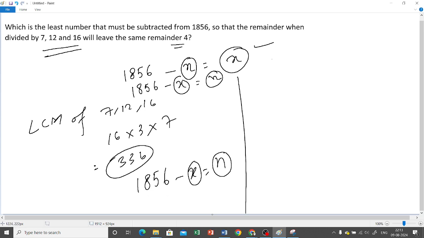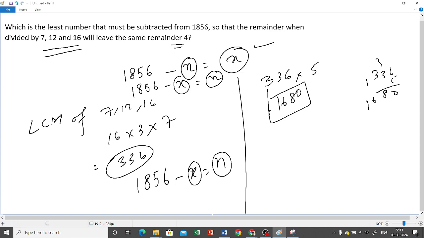If I multiply 336 by 5: 6 5s are 30, 5 3s are 15, 18, 1680. So 1680 is closest to 1856, because if I move to 6, I get 19 something. So it is into 5, that is 1680. Now 1680 is completely divisible by 7, 12, and 16, but I need a number which leaves remainder 4, so just add 4 to it.